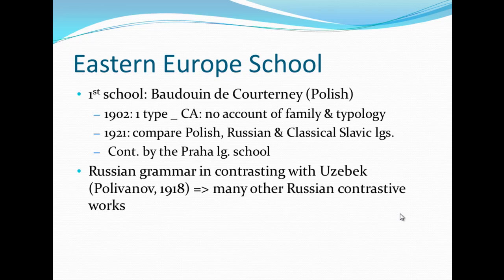And together they form a language school called the Praha language school. And if you read foundational linguistics, even in Vietnamese, probably you will hear the name of the Praha language school.